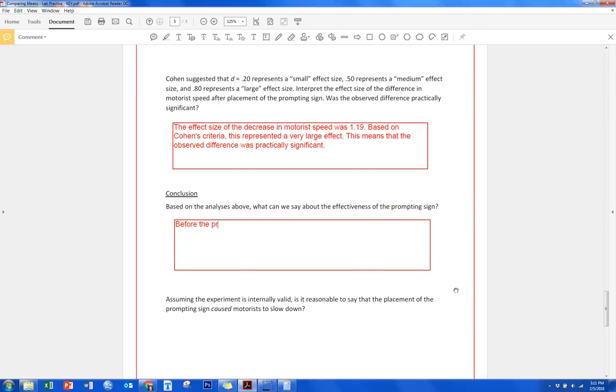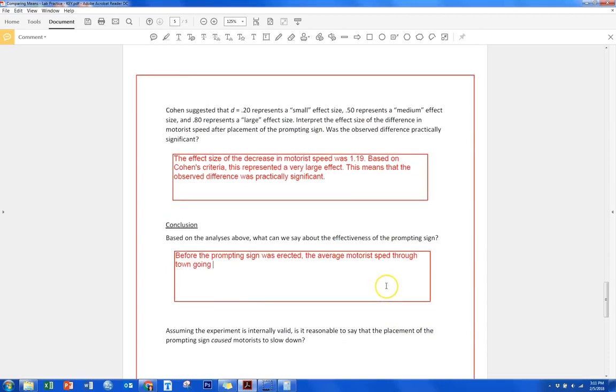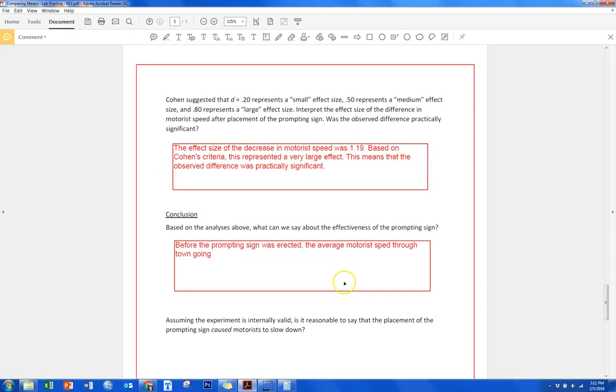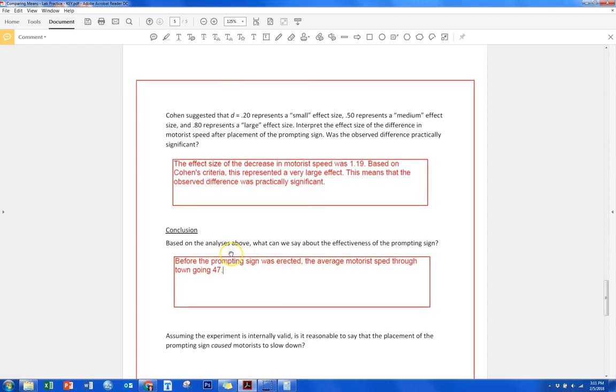So before the prompting sign was erected, the average motorist sped through town going, what was the speed? Let's see here. Going 47.84 miles per hour, which was well over the speed limit.